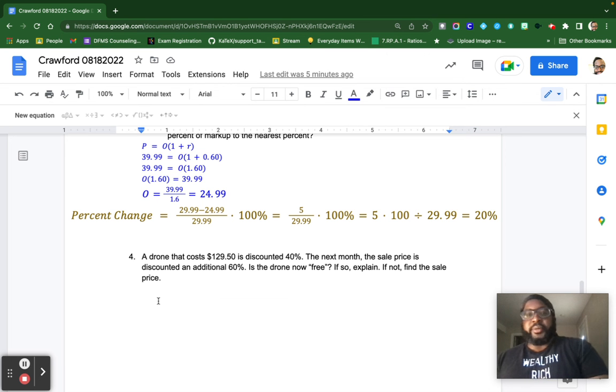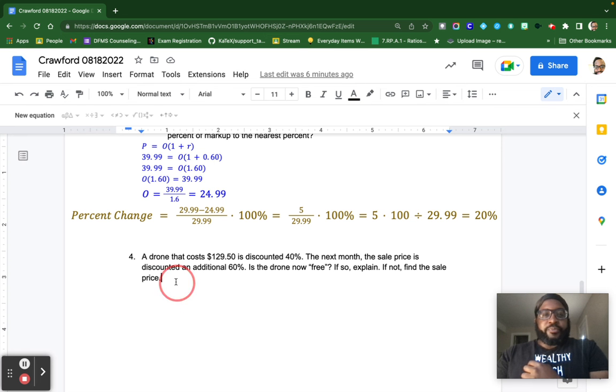Just because something has been discounted 40%, understand that the 129.50 is discounted at 40%. And then that new price that I get after I get that 40% discount will be discounted by 60%. So that's what's happening.